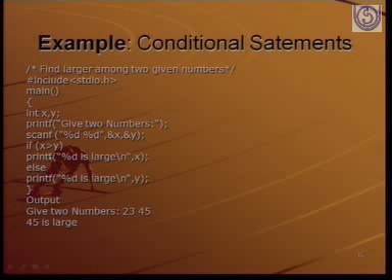So here you are branching on the basis of the values of x and y. If we give 23 and 45, definitely 45 is large. It will check the values x and y, and because y is large, this will not be executed. It will come to the else part and execute y is large.